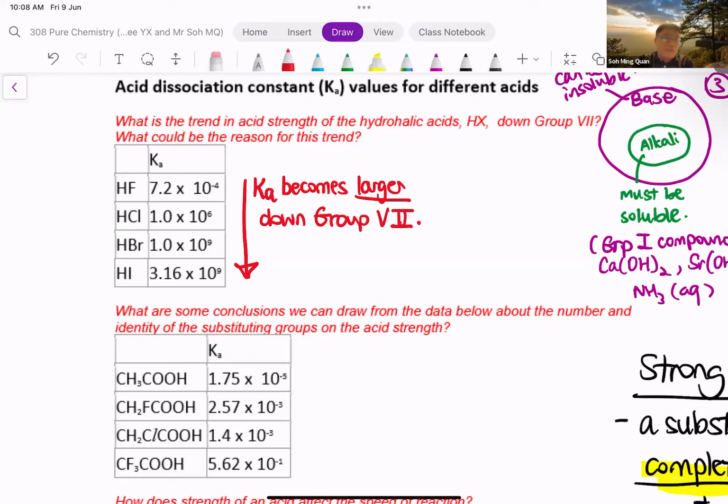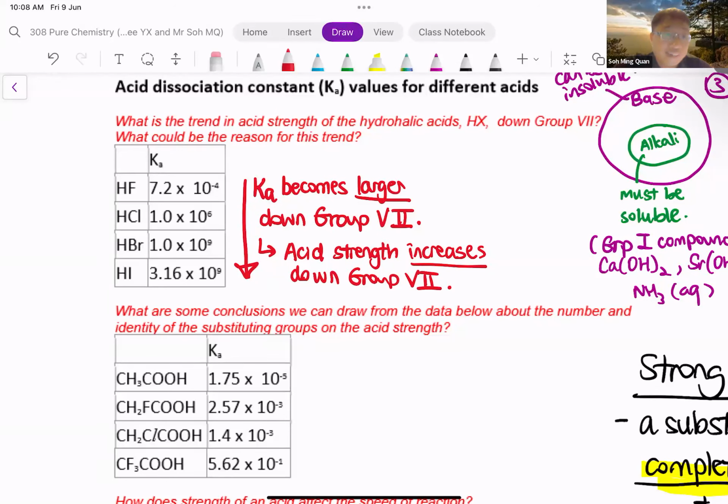Right? You went from 10 to the power of -4 to 10 to the power of 6, 10 to the power of 9. So you can tell that Ka has become larger. If Ka becomes larger, that means the acid strength increases down group 7.